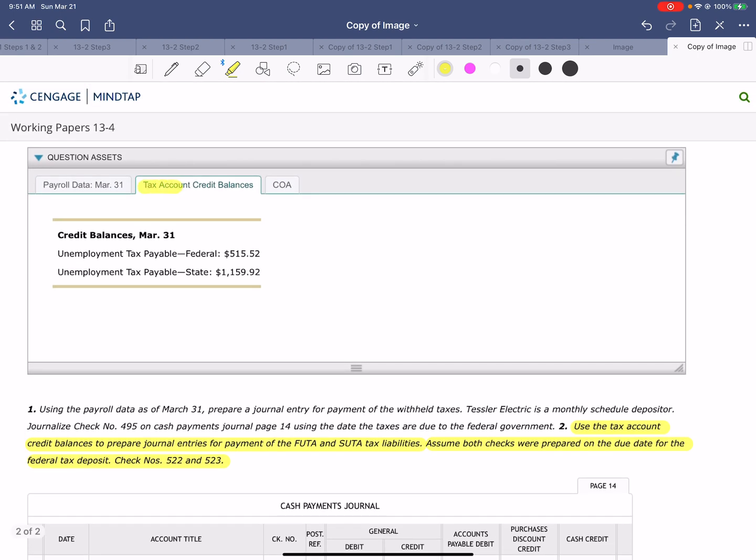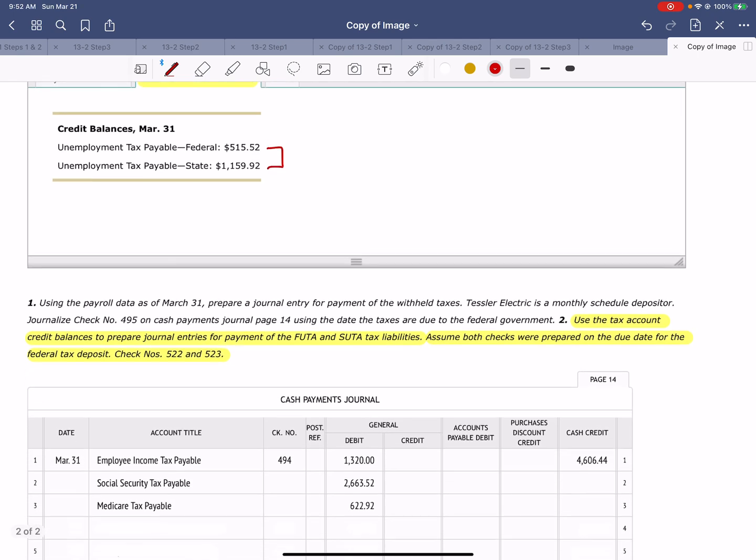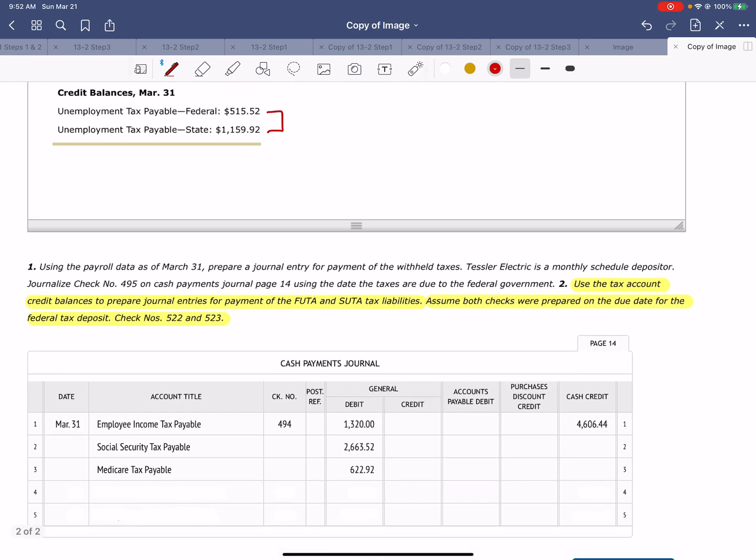So we're going to use this tab here, and we are going to record those 2 payments, and we have to do them separately. So unemployment tax for federal, we'll go down here, the date is the 31st. Unemployment tax payable, federal. We will debit that liability to reduce that amount, and we will credit cash. And we will write out check 522.